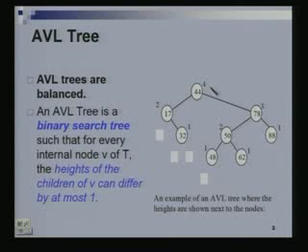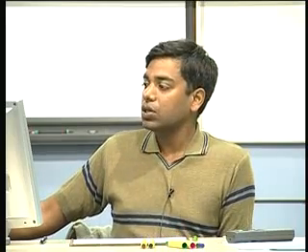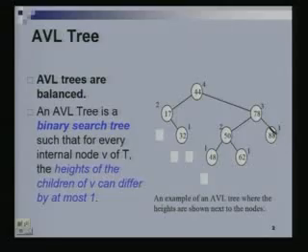So we are going to call this the height of the tree for the purposes of AVL trees. With every node I have put down the height of that node. So what is the height of a node? It's just the height of the subtree rooted at that node. This is height 1 because there is nothing below it. All the leaves will have height 1. The parents of the leaves will have height 2, and so on.